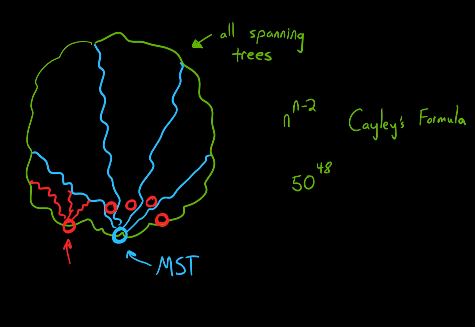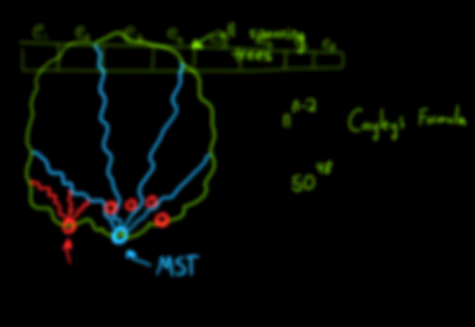But things I haven't addressed yet are: how do I characterize these subspaces that I need to search? And how do I break a search space into disjoint regions? I can't have overlap between these regions or else I might rediscover the same spanning tree multiple times. So that's what we're going to address next.